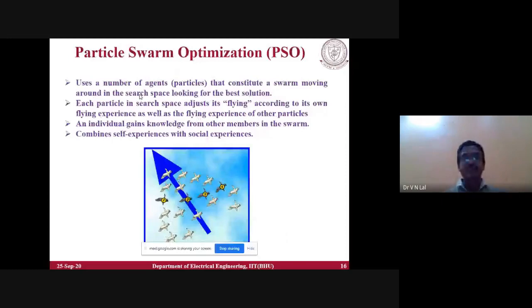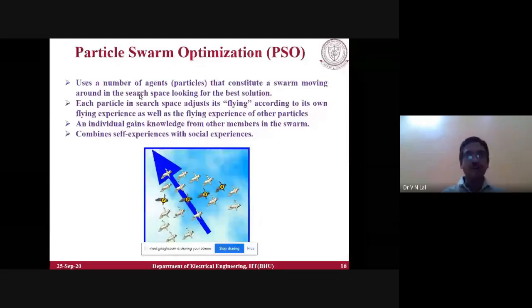Actually, a number of agents that constitute a swarm are used, moving around in the search space looking for the best solution. So a number of birds are there, and they move around in the search space for the best solution, that is food.